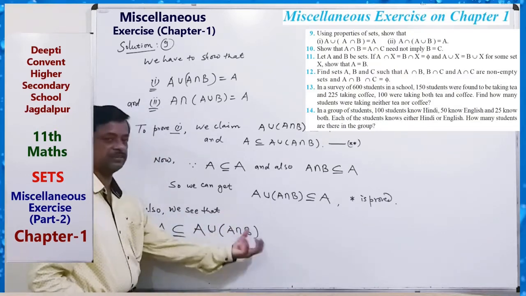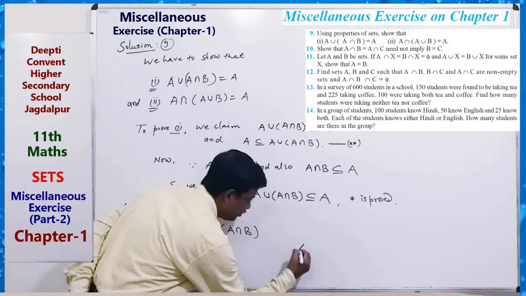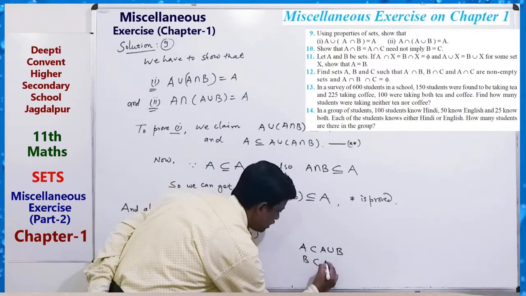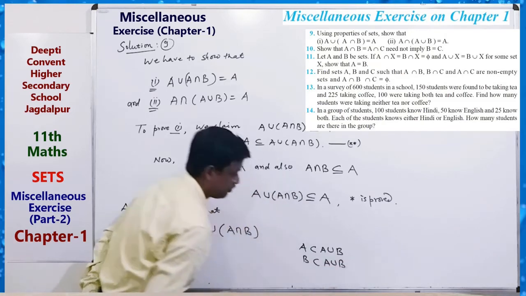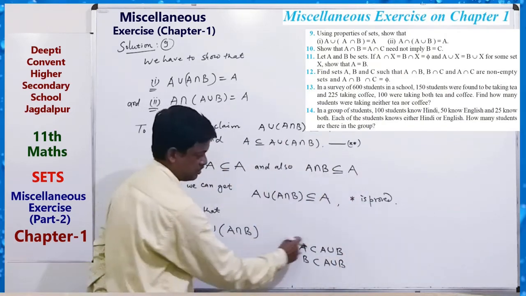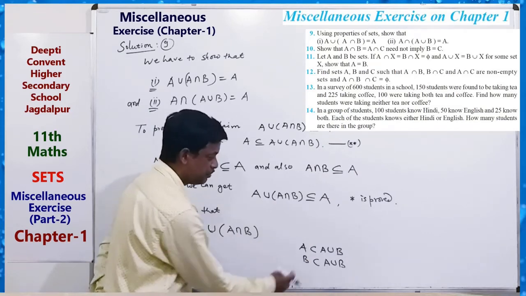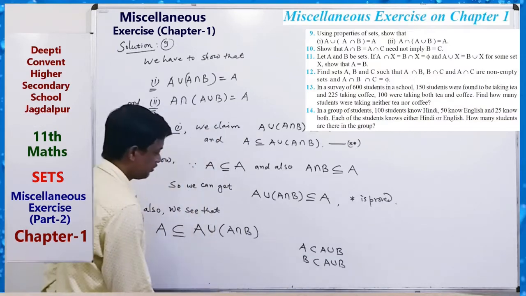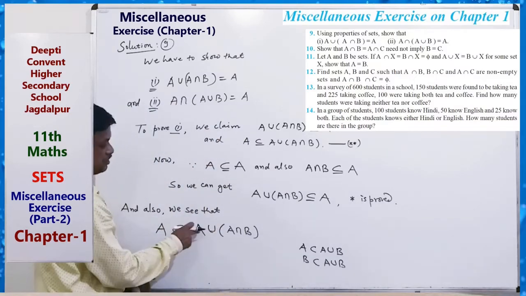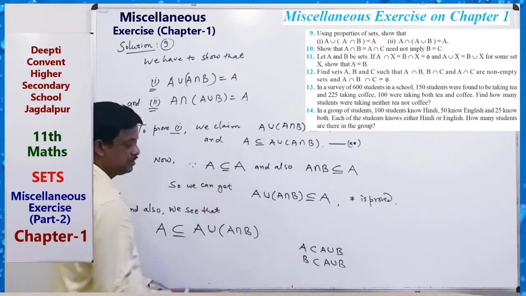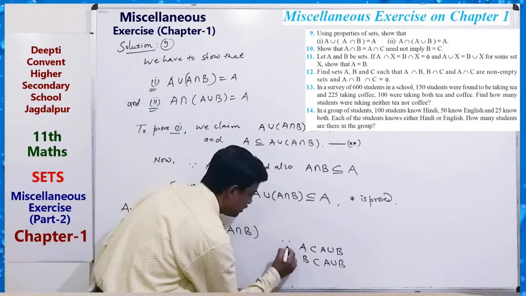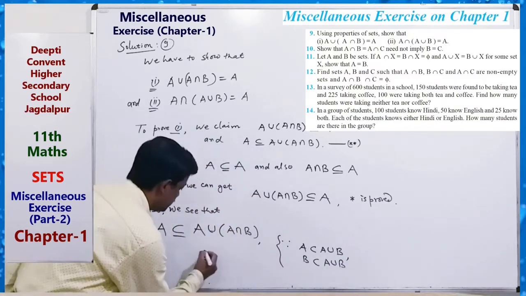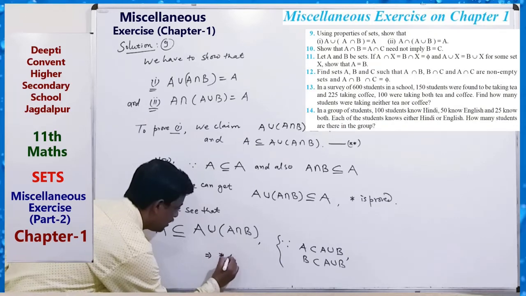This is A union something. So we know A is a subset of A union B, and also B is a subset of A union B. We know that for A union some other set, A is a subset of this. So A is a subset of this, which implies proved.